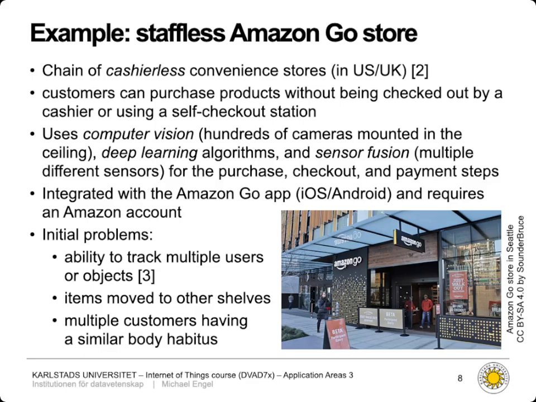Each person is different in the way you move parts of your body, so different in the way you walk, different in the way you move your fingers, your arms, your hands, your head, and so on. And the system really tried to identify the customer. And of course, to do this, you also have to assign all this information to that customer in order to charge the customer for the wares the customer bought.